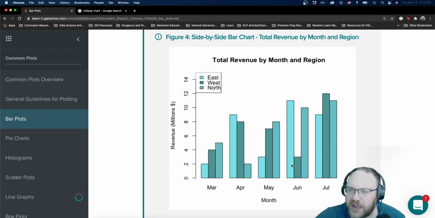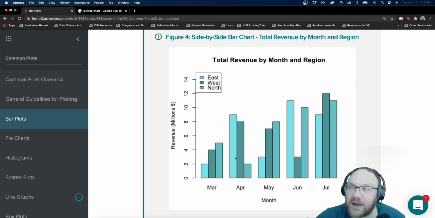But if we just want to make a comparison month to month going region by region, it's a lot easier for me to see, east in March was 2 million, east in April was 9 million, east in May was 3 million, east in June was 12 million, and east in July looks like it was 9 million, right? This is a lot easier for me to make a comparison east to east from month to month, but I lose out on the bigger picture of what the total revenue was for each month. It's just not quite as intuitive.